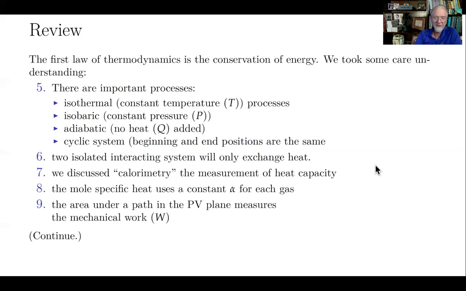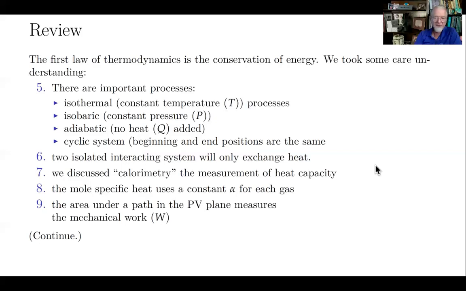Cyclic systems, beginning and end positions are the same. Then isolated, that is, not able to exchange any energy or mass with their environment. That's what isolation means. Two isolated interacting systems will only exchange heat.